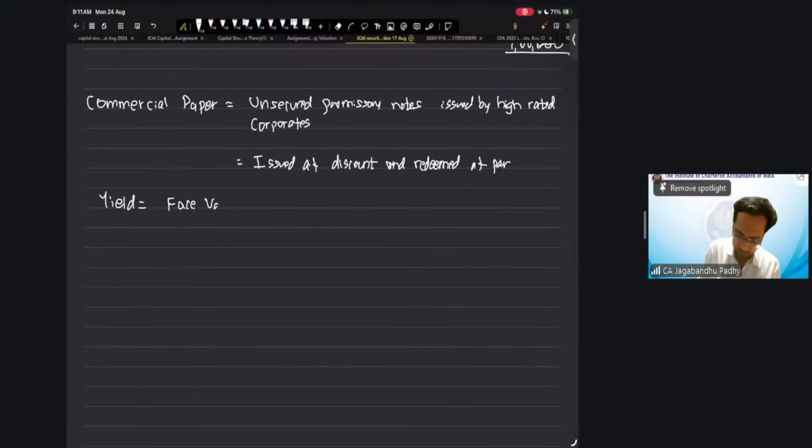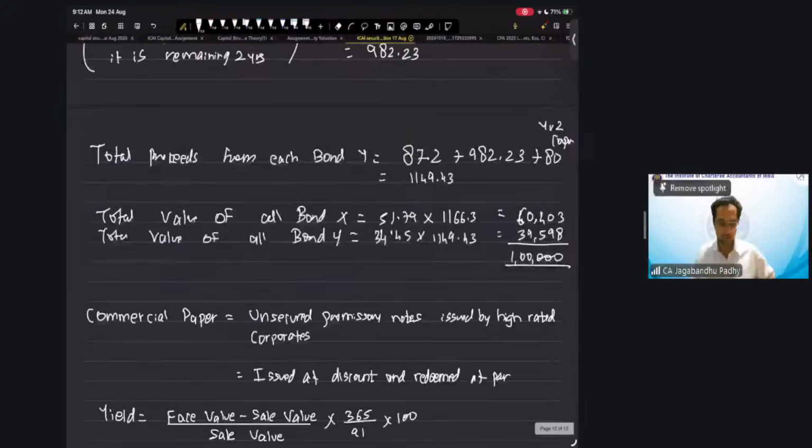face value minus sale value divided by sale value into 365 by 91 into 100.